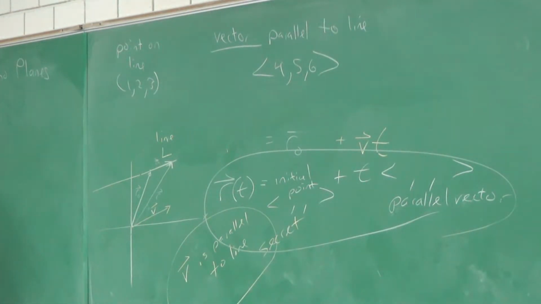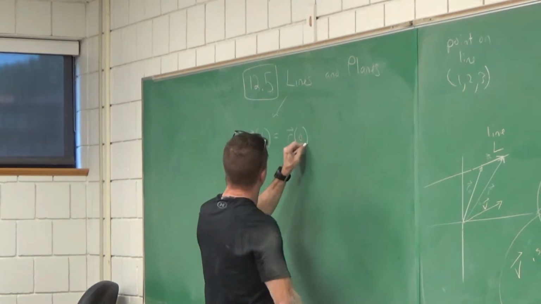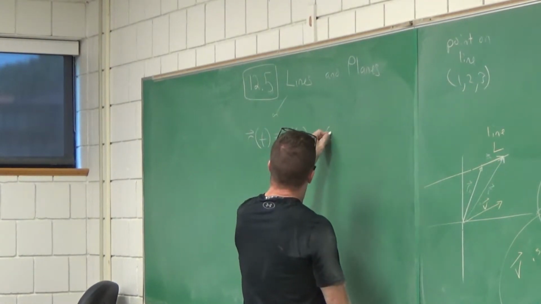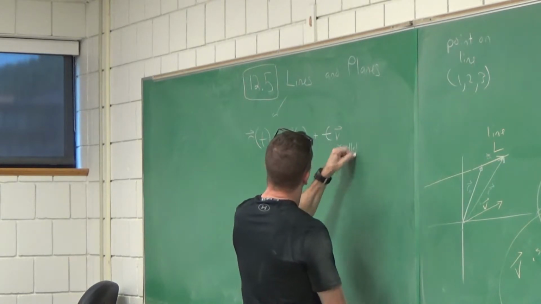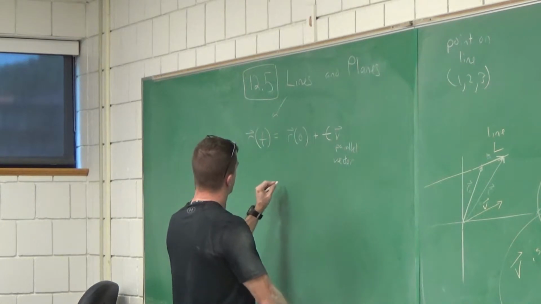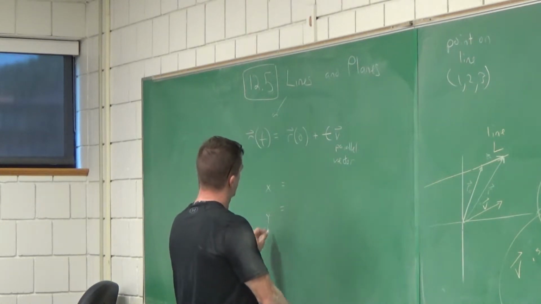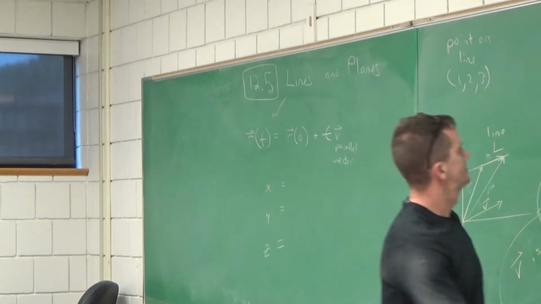For lines, you can say R of t equals R sub 0 plus t times vector b parallel vector. But here's another way to think of it. The three parametric equations.